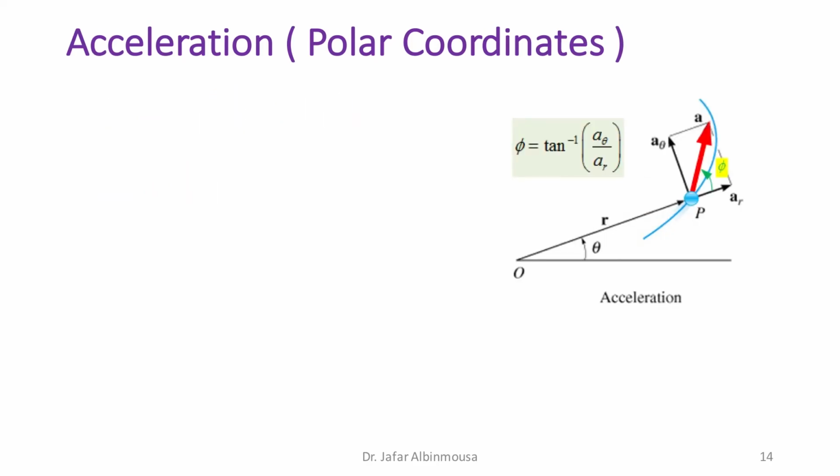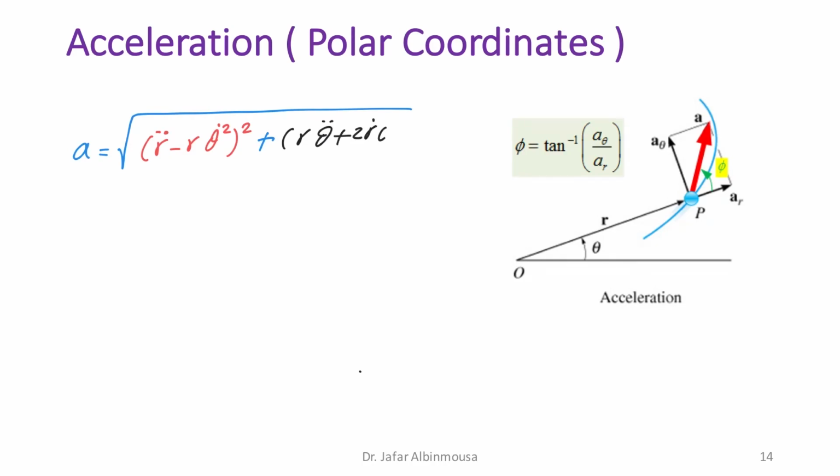If we want to find the magnitude of the acceleration, it is equal to the square root of r double dot minus r theta dot squared, all squared, plus r theta double dot plus 2 r dot theta dot, squared.